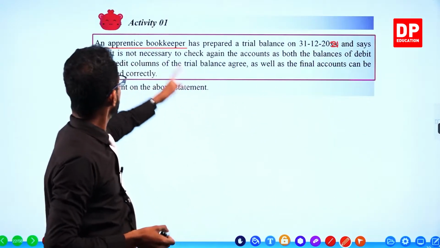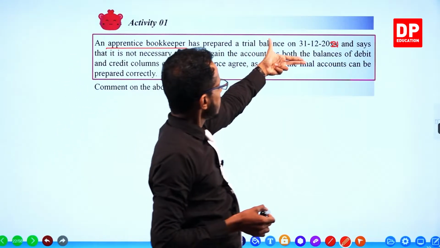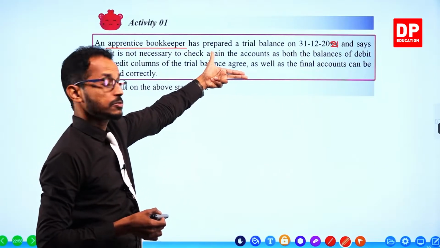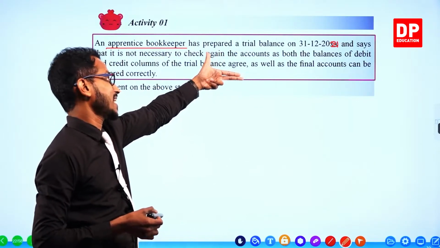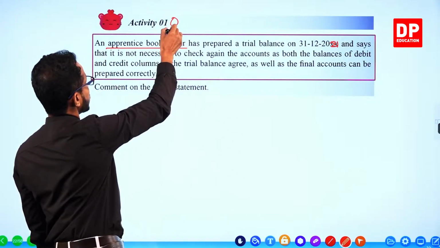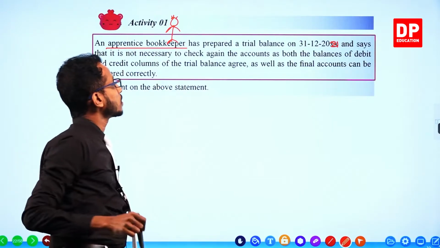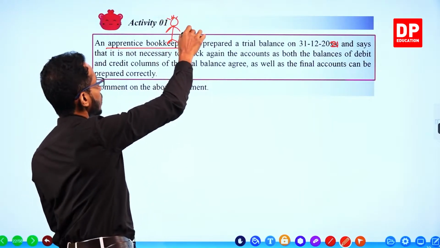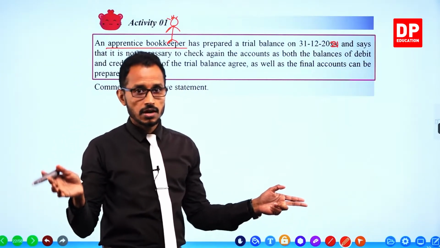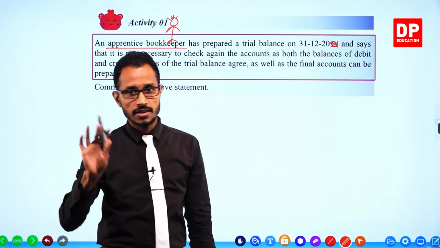And says that it is not necessary to check again the accounts as both debit and credit columns got balanced. He is saying, this guy is a trainee bookkeeper, but he's saying, my trial balance balanced. Who's gonna tell me that there are errors in my books, in my accounts? Nobody can tell that there are errors.